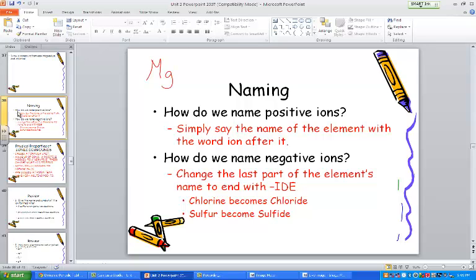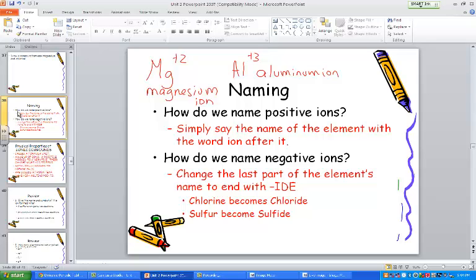Write this with me. We have an Mg with a +2. We just name that as magnesium ion. If we were to name Al with a +3, we just simply name aluminum ion. Say the name of the element with the word ion.